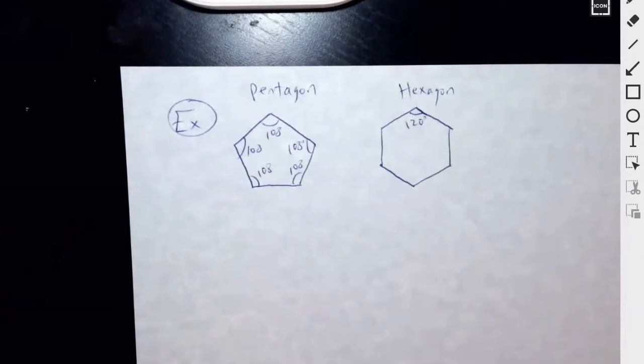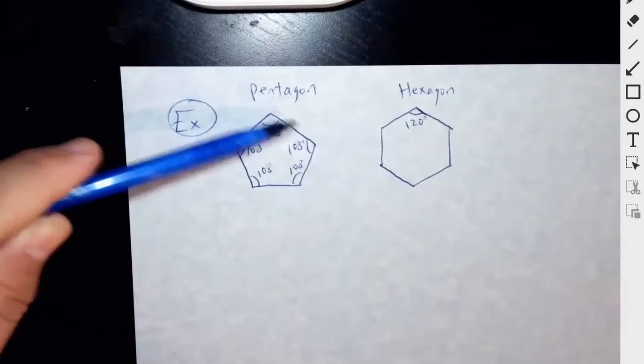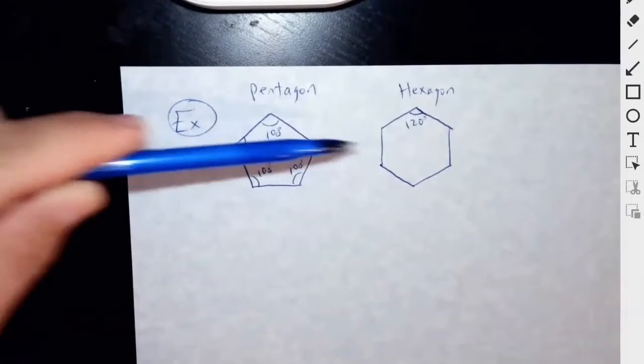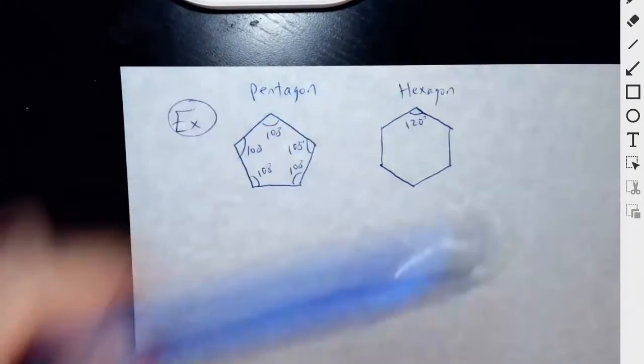Okay, so let's say you have a kind of molecule in a pentagon shape or a hexagon shape.